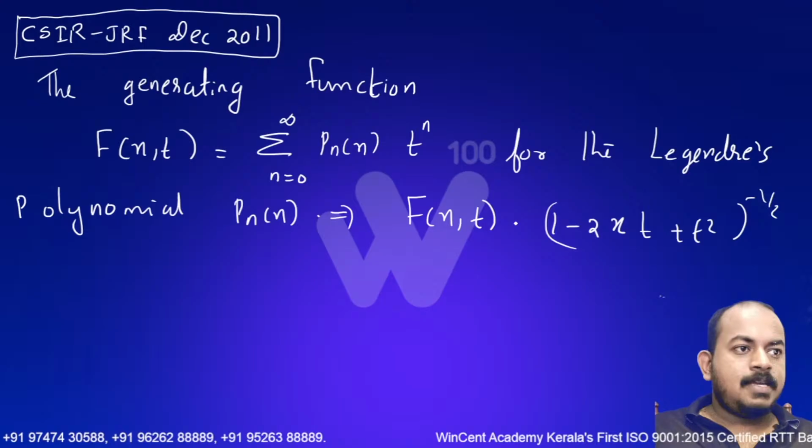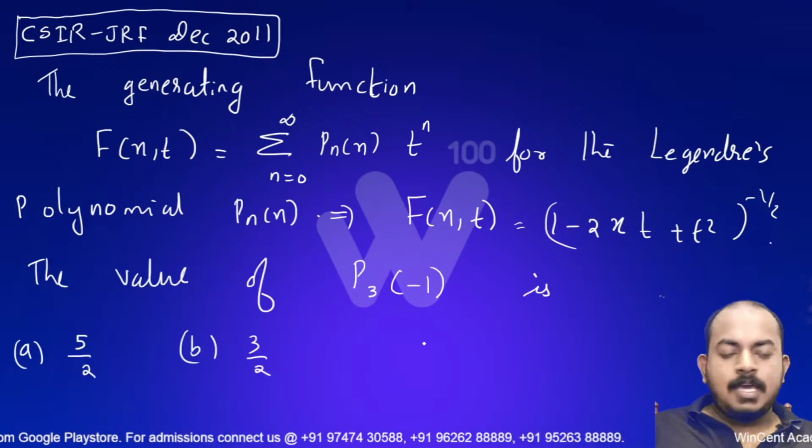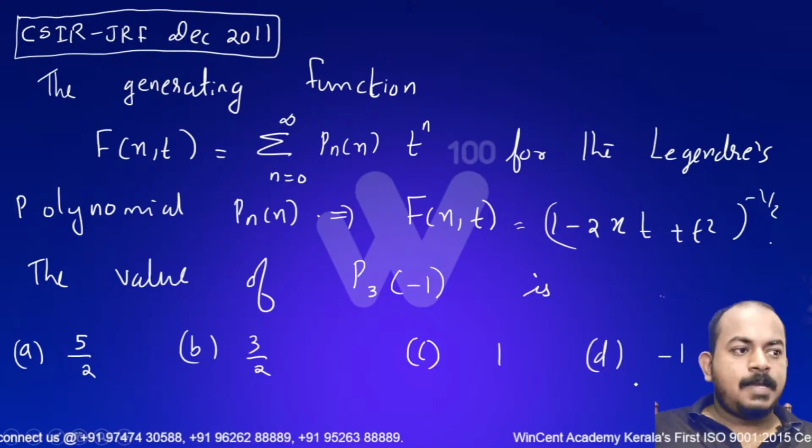The value of P3(-1) is, so options were also given. The options were like this: option A 5 by 2, option B 3 by 2, option C 1, and option D minus 1.